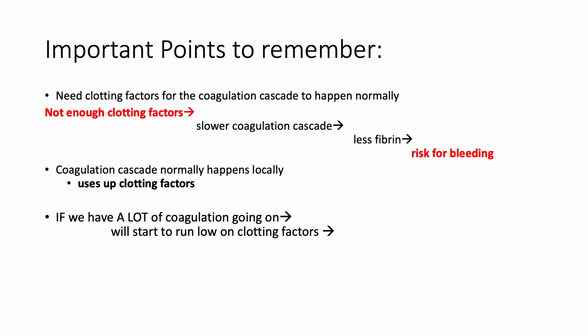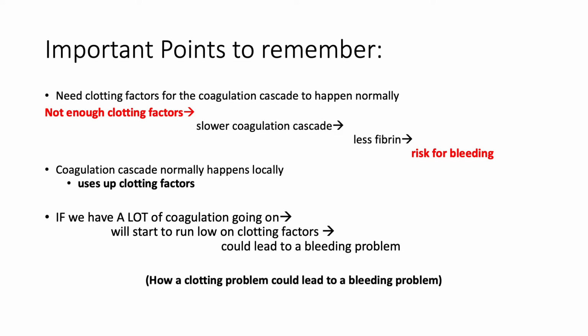So we would soon start running low on clotting factors, and if we're now low on clotting factors, we are at risk for bleeding. This is how a coagulation problem could lead to a bleeding problem.